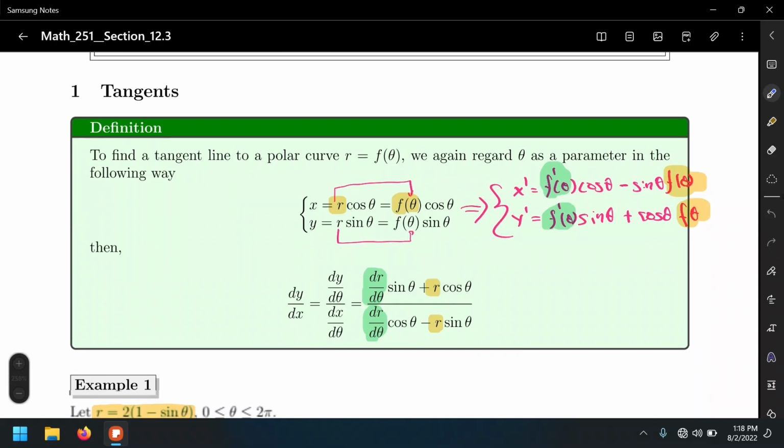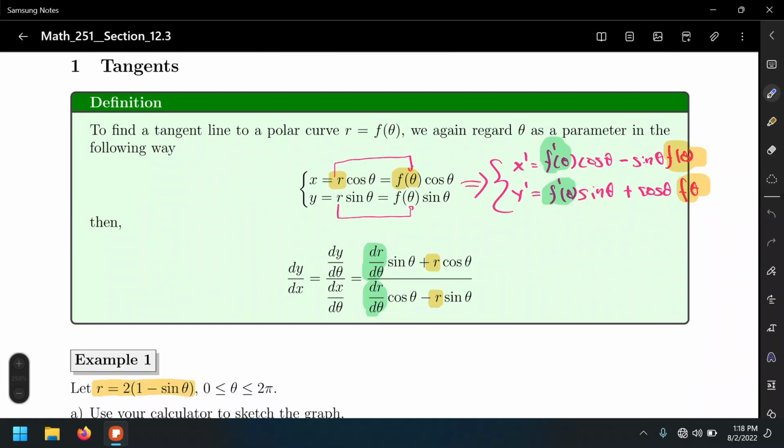Alright, last time for tangents we found the derivative of a function in the polar system. Of course, even though we want to find the derivative of a function, it's not just r prime equals taking the derivative of the function in terms of theta.